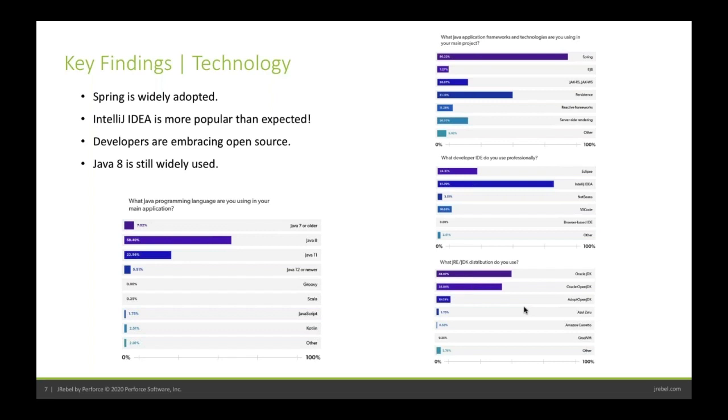I assume people will eventually start moving out of Java 8, but the resources that are required to make the changes don't equal out to the benefit that the newer versions of Java offer. And so I don't see any major changes happening anytime soon, but you never know. You never know how the environment might be changing as we go forward.